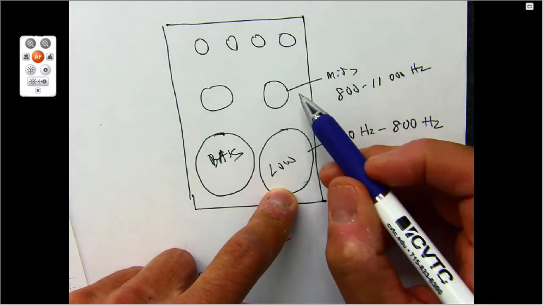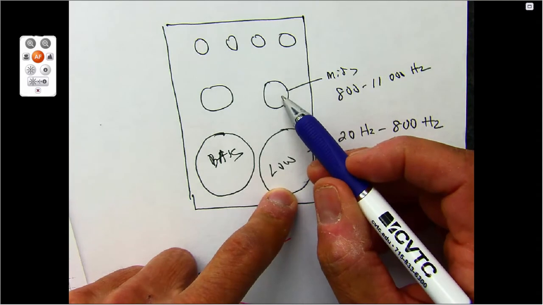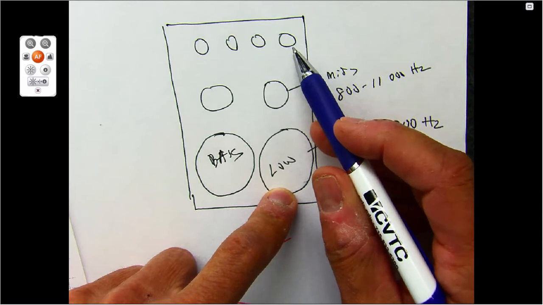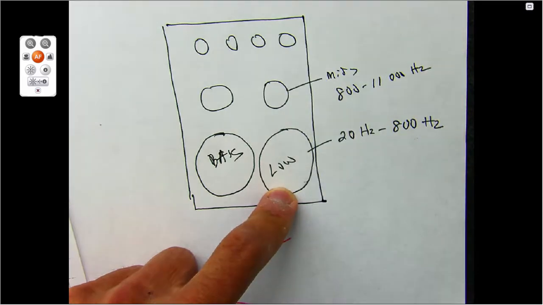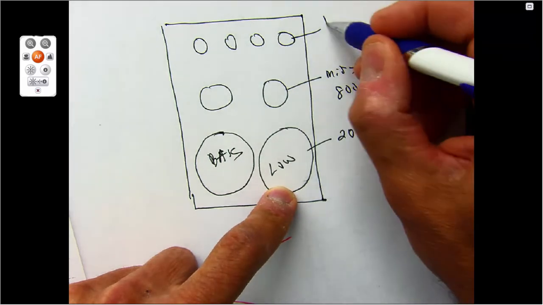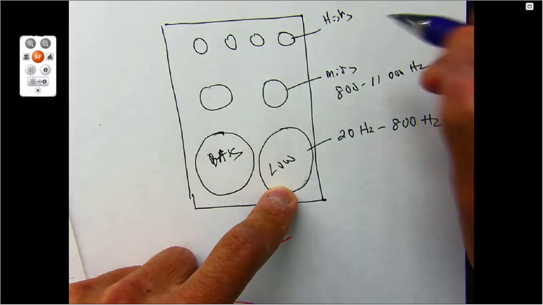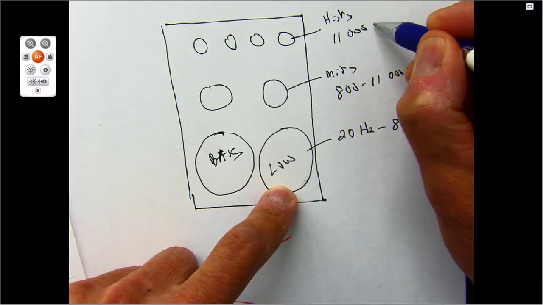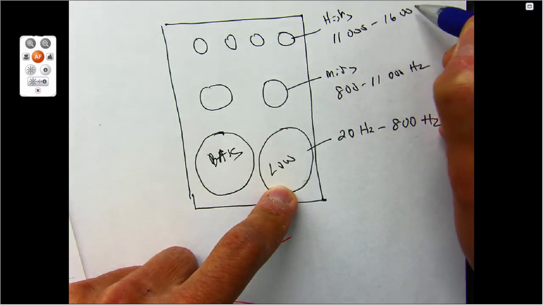But there's no way this thing's going to flex back 15,000 times in a second. You got to get a smaller and smaller cone because it has to recover faster and faster each second. So you get up into these highs where you're going to have 11,000 to, I don't know, 16,000.